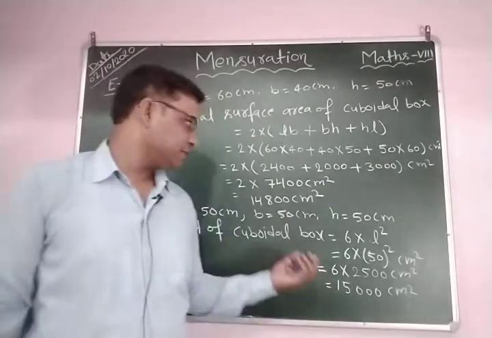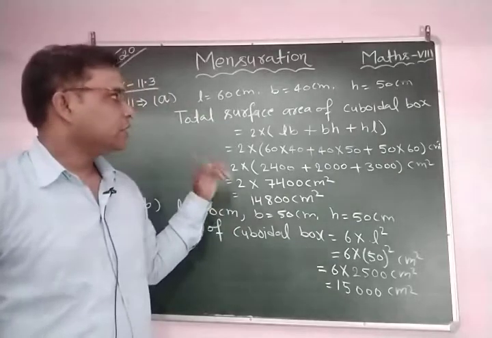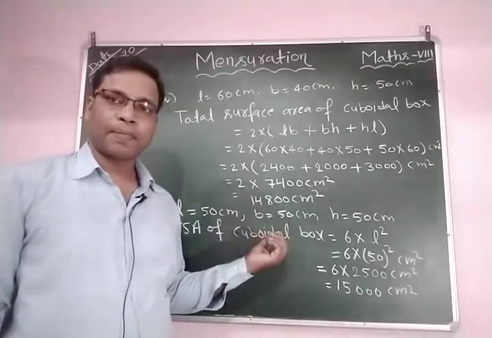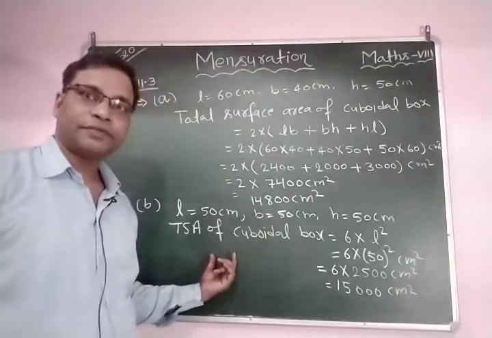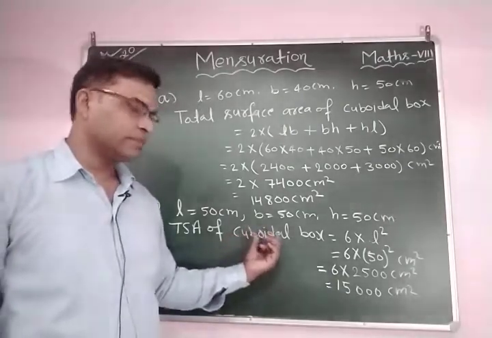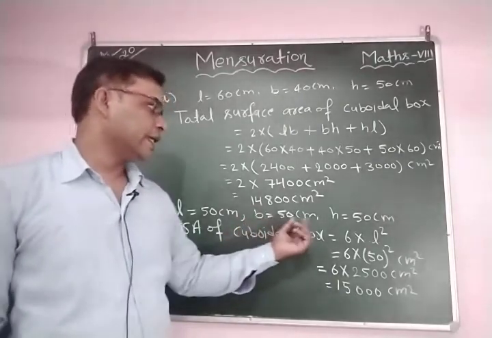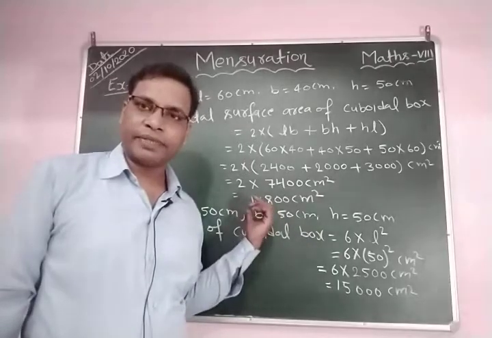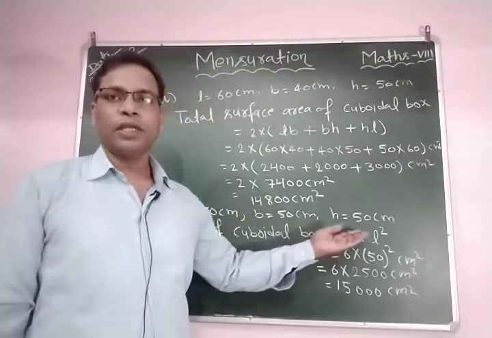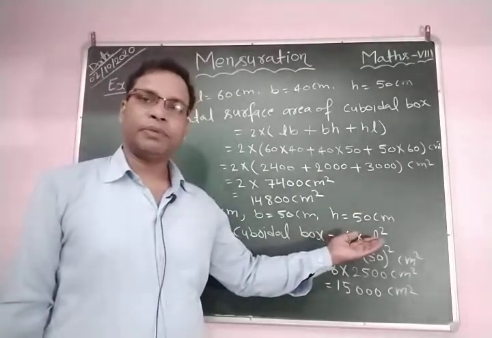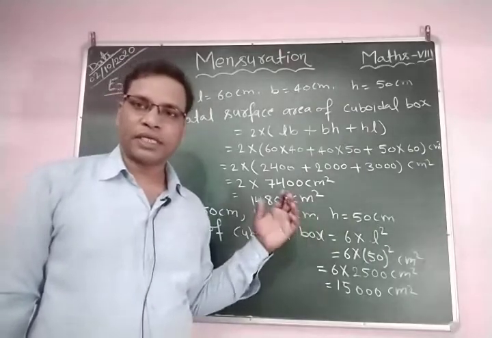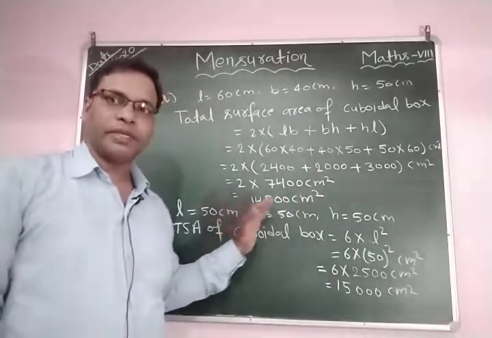But you can see here the total surface area of cuboidal box A is 14,800, and here the total surface area of cuboidal box B, whose length, breadth and height are all equal to 50 centimeters. So here we use this formula, 6 into square of its edges. The edge is 50, because 50 is given as length, breadth and height.